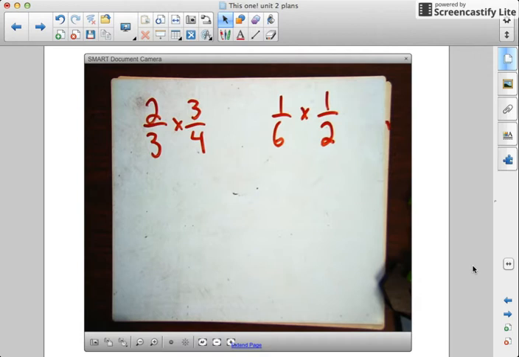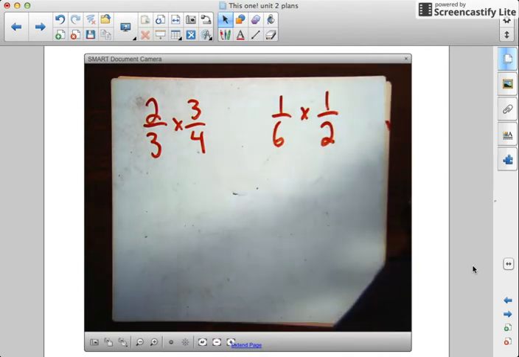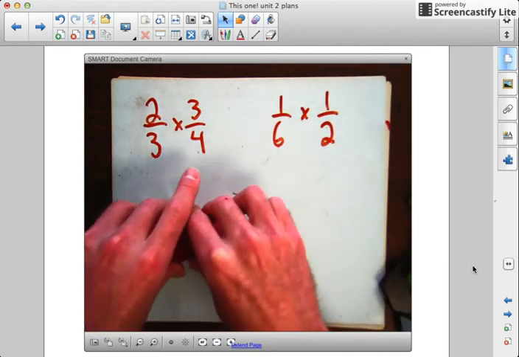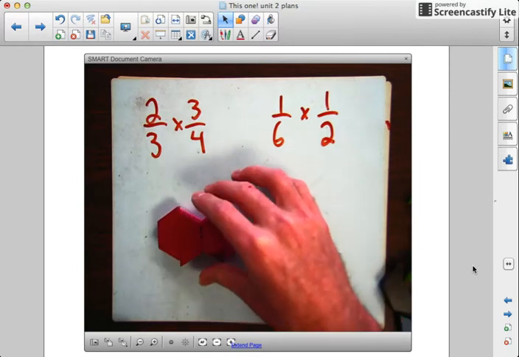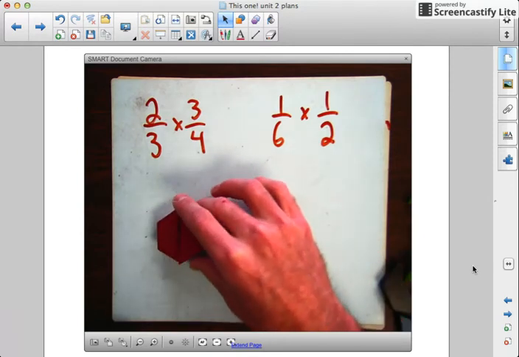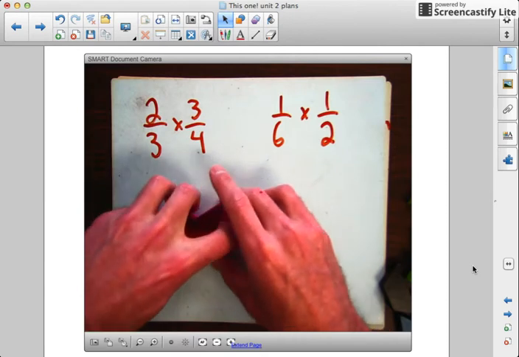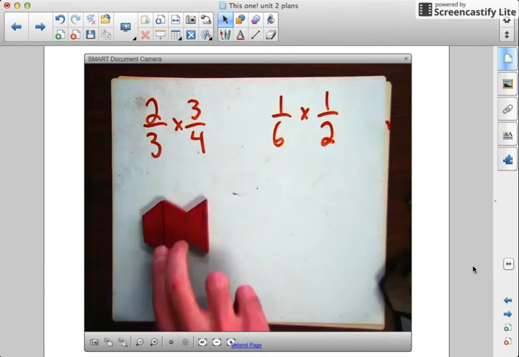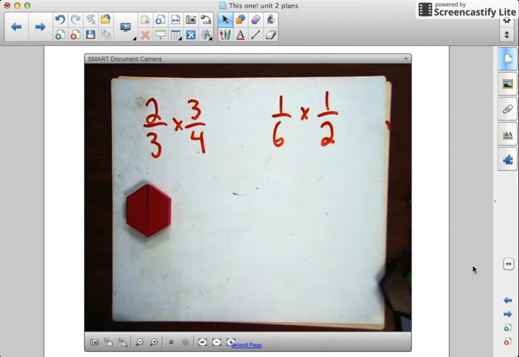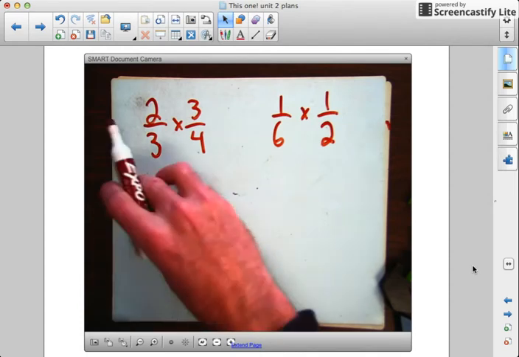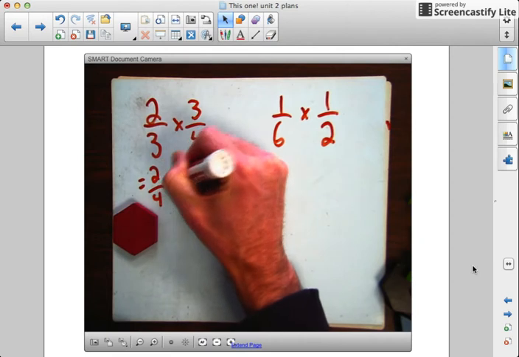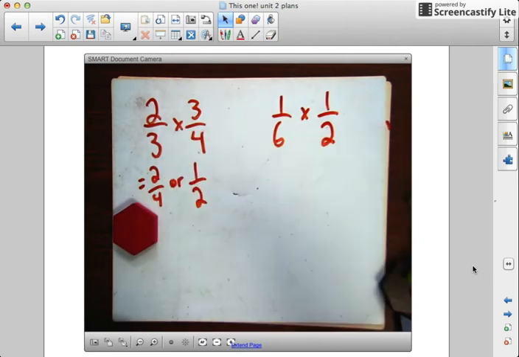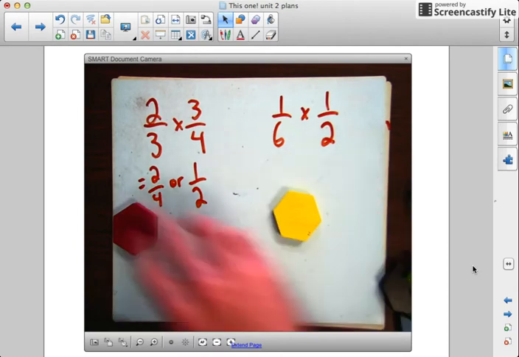So here's the solution. I'll model these. Start with 3/4 of the first one. I want 2/3 of the group of this 3/4. Well, 2 out of 3 would be this much. So that would equal 2/4 or 1/2. Okay, my second one here, I start with a half.